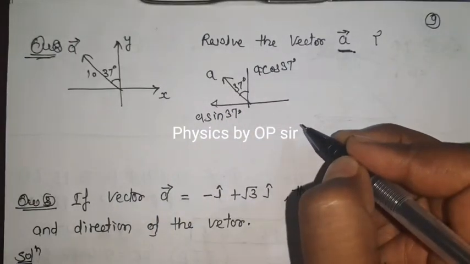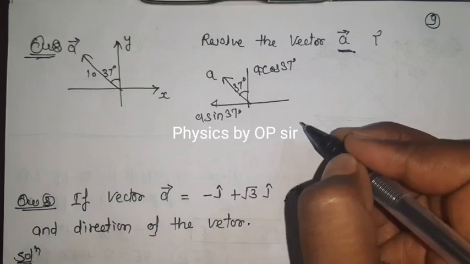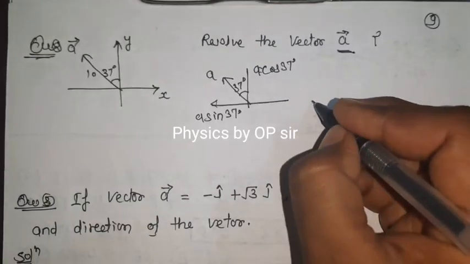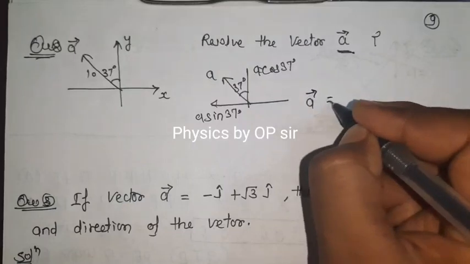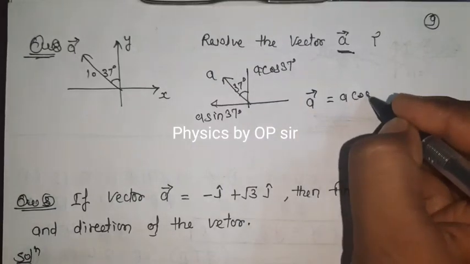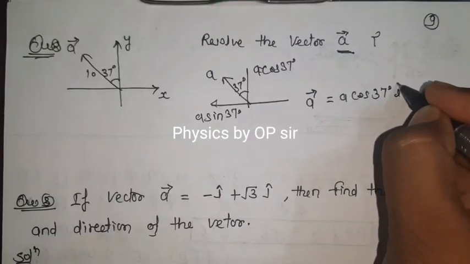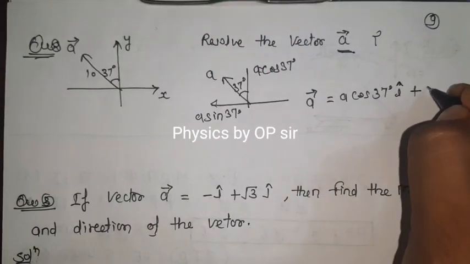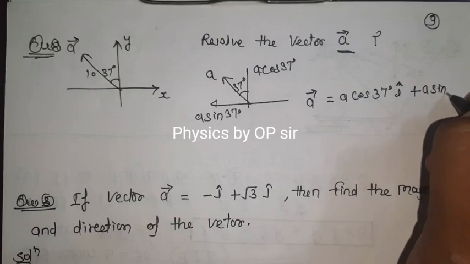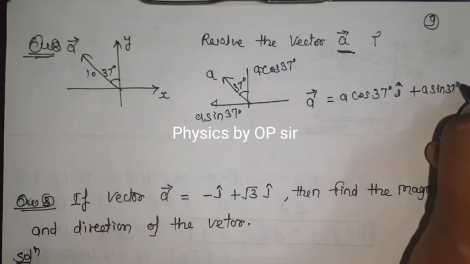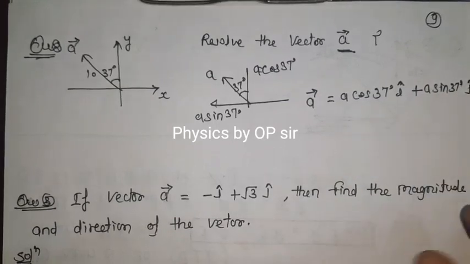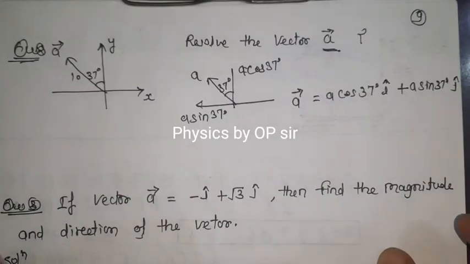So what will be the value of the a vector? The a vector becomes a cos 37 degree i cap plus a sin 37 degree j cap. This is the value in the vector form.